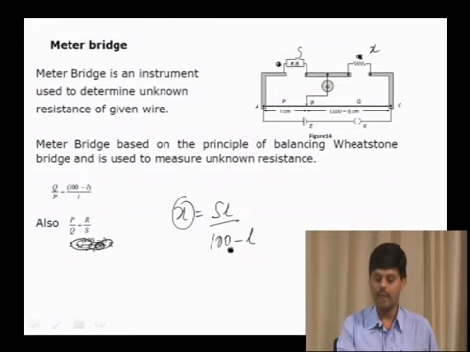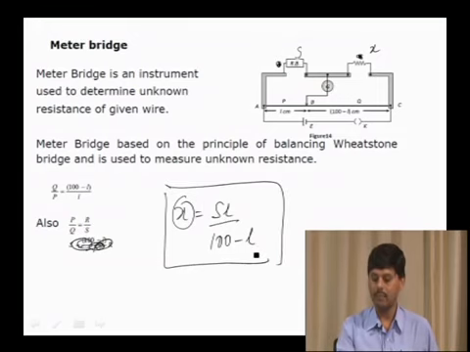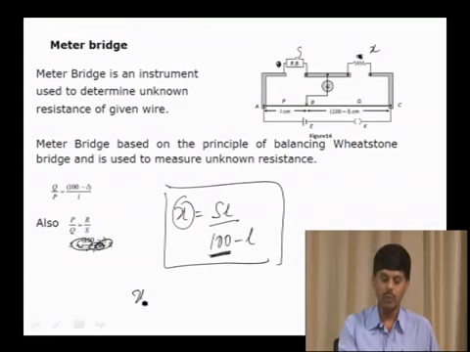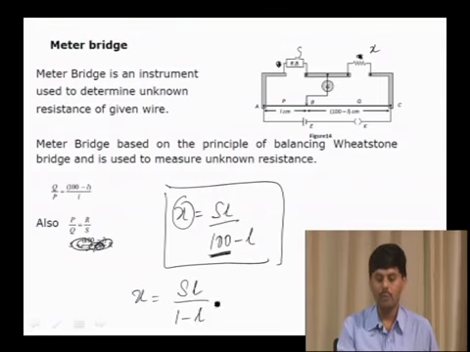Using this you can easily calculate X is equal to SL divided by (100 minus L), where you measure the balancing length in centimeters. If you measure the balancing length in meters, it is 1 minus L.